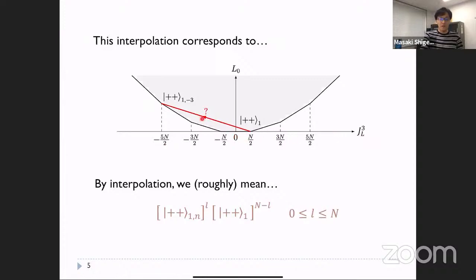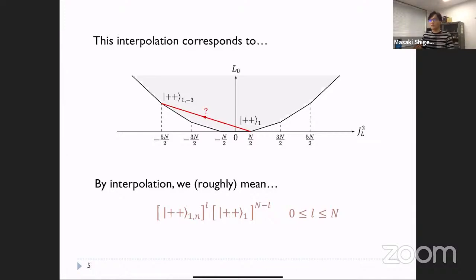In this plane, there are many states, and the states can exist only above this boundary, which is like a parabola. And the plus-plus-1 state that I talked about on the left in the previous slide is some state here. And the other state is somewhere here when the spectral flow parameter is -3. And I want to interpolate between these states.